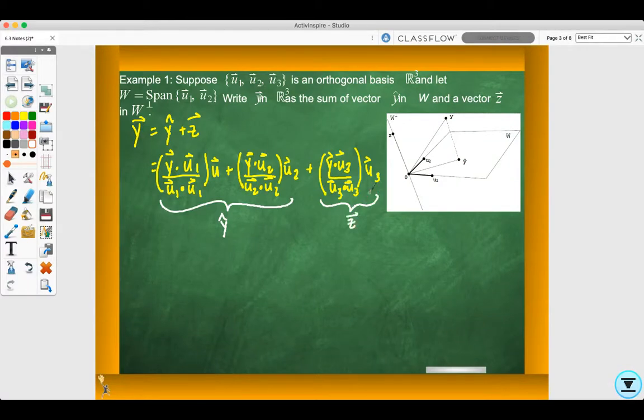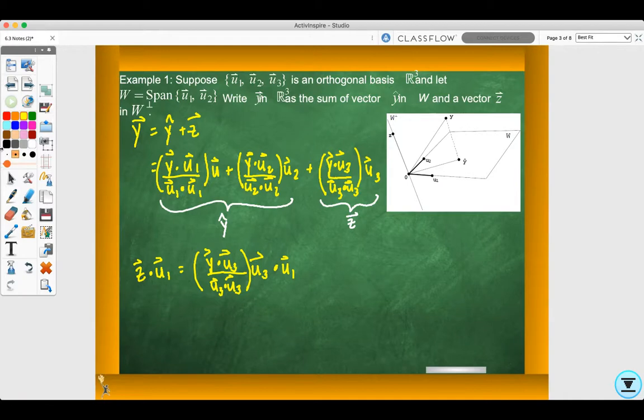and this is z. To show that z is orthogonal to every vector in W, you need to show that z is orthogonal to the vectors u1 and u2. So we would show that z dot u1 is 0. We know that z is (y dot u3) all over (u3 dot u3) times u3, and then dot u1.